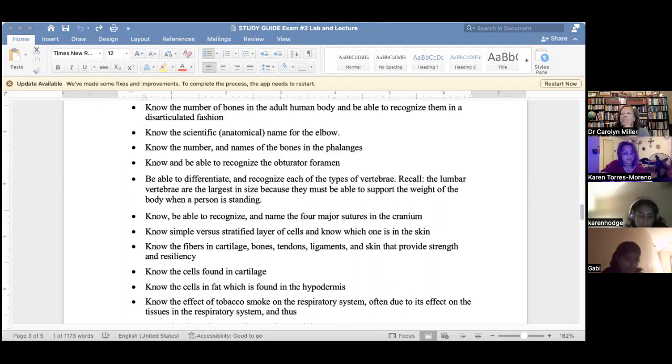How many bones? Let's do fingers. You can see my fingers. Know the number and names of the bones in the phalanges. Here are my phalanges.